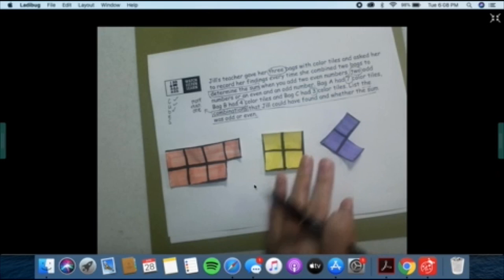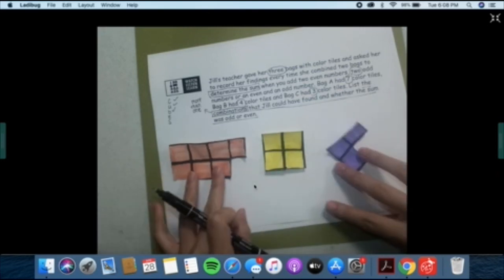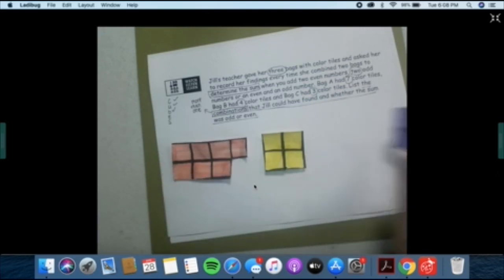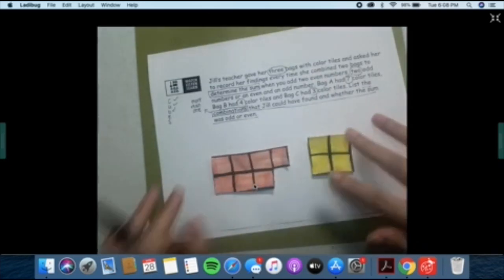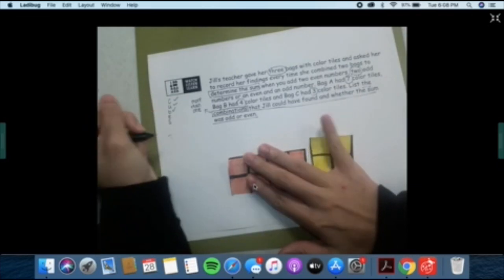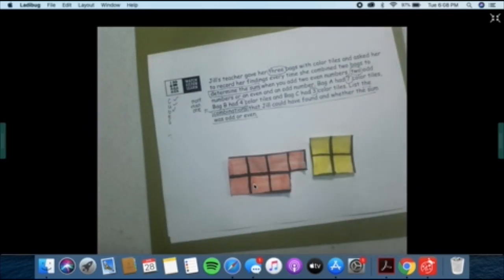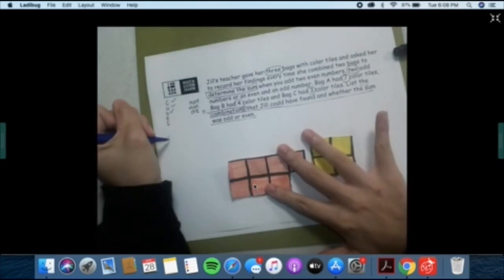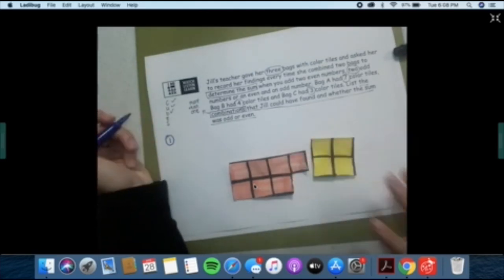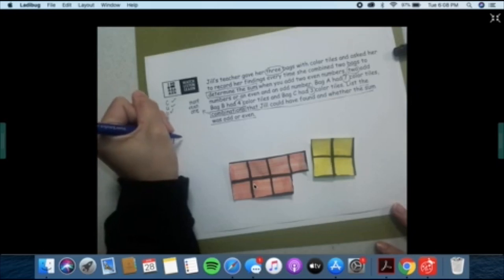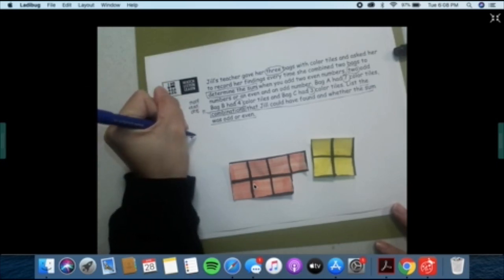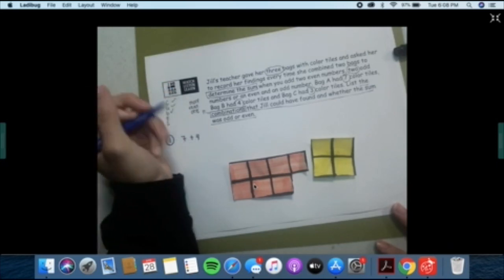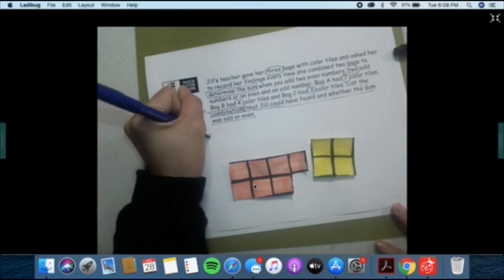So the first combination that I could do would be to add 7 and 4 together. I'm going to do that in blue. So the first combination I could do would be 7 plus Bag B, which would be 4. So 7 plus 4 would equal our blank.